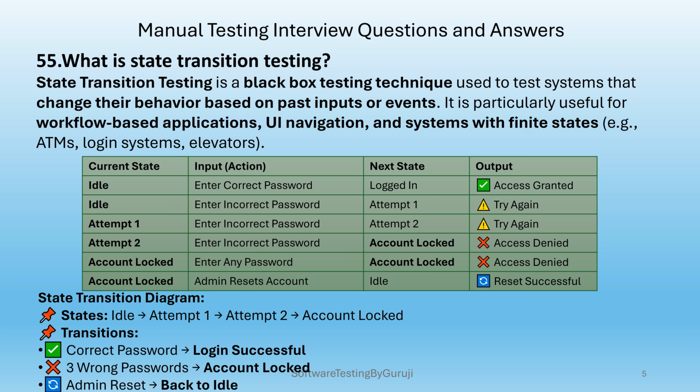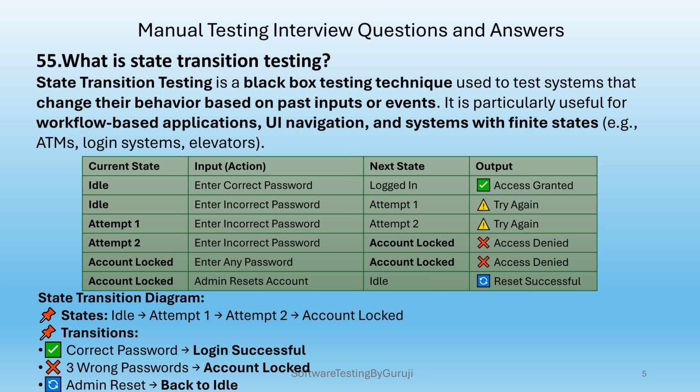So how do we remove that account lock? How do we change the password? Account lock, admin resets account, idle, reset successful. So again we can do the login. So this is the state transition testing example.